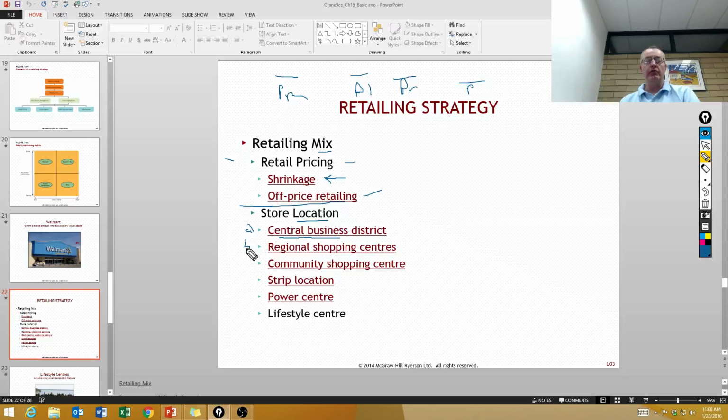We can have regional shopping malls, with 50 to 150 stores that target people within 15 kilometers. Usually these regional shopping centers have several anchors, the big stores that attract most of the customers, such as the big food stores and the big department stores.